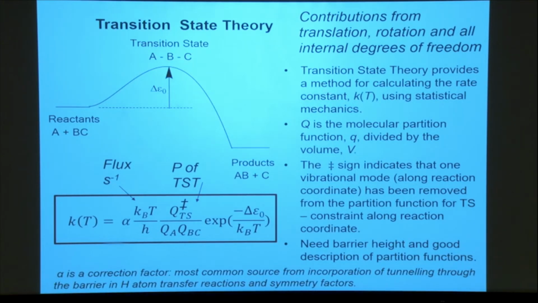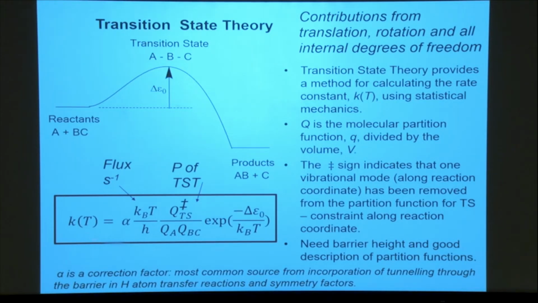And in transition state theory, we are constraining in the direction of the reaction path, so going over that saddle. Does anyone know what the symbol's called? I'm calling it a double dagger, but I'm not sure if that's right. Right, okay. So the double dagger sign indicates that one of the vibrational modes along the reaction coordinate is being constrained, and so it's removed from the partition function for the transition state. So that constraining is along the reaction coordinate through that saddle.